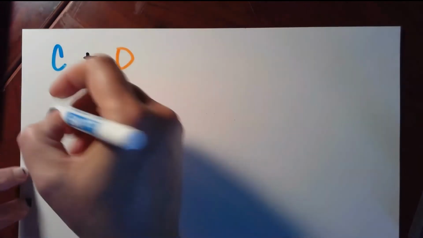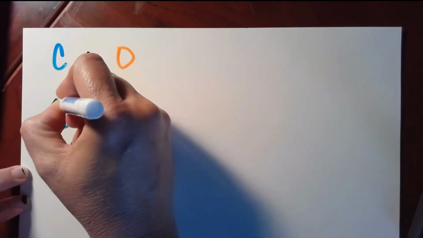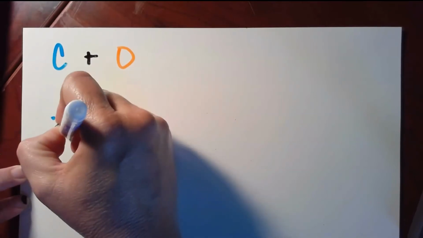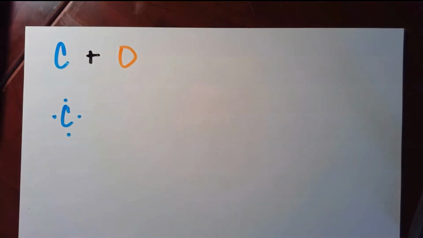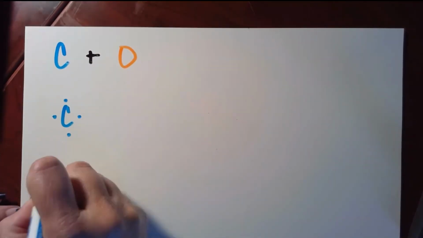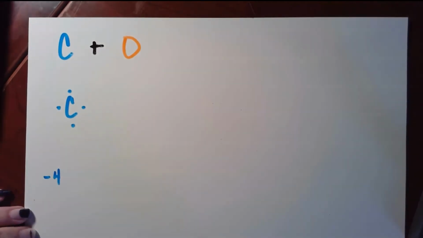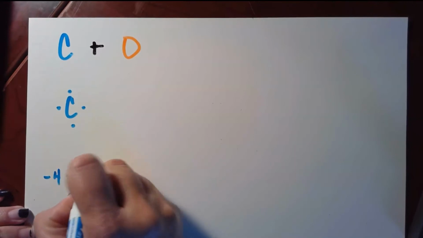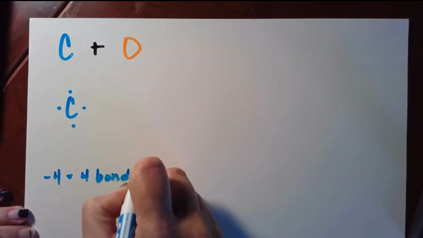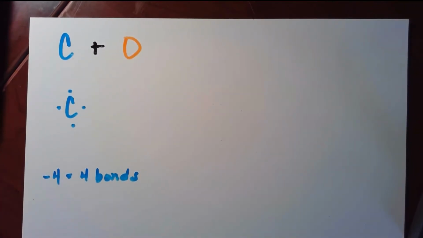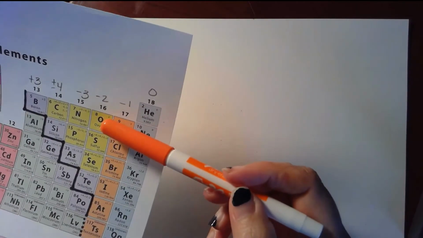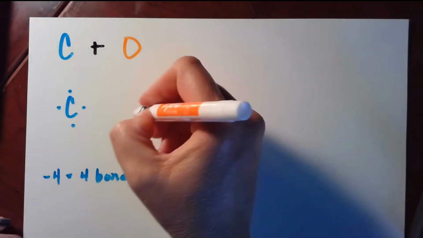So because it's going to want to gain 4 more electrons, we all know that number 1, it's in group 14, so it has 4 dots. And just like we said earlier, if it has 4 electrons, that means it's short 4 electrons, which means it's going to make 4 bonds. And now we look at oxygen. Well, oxygen is in group 16, which means it has 6 dots.